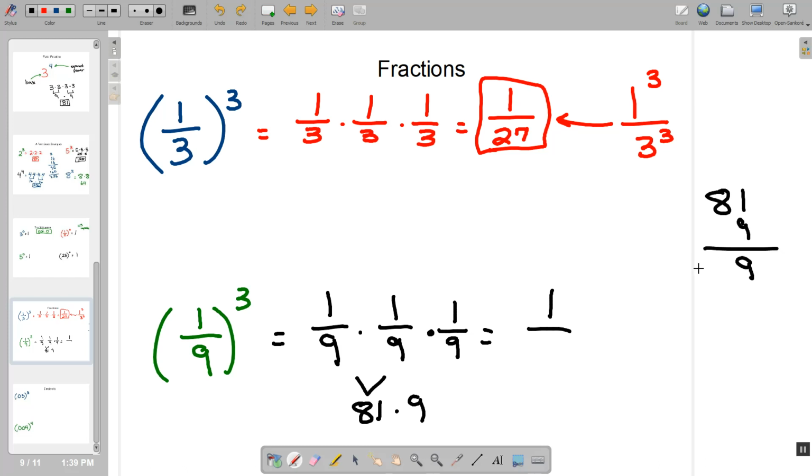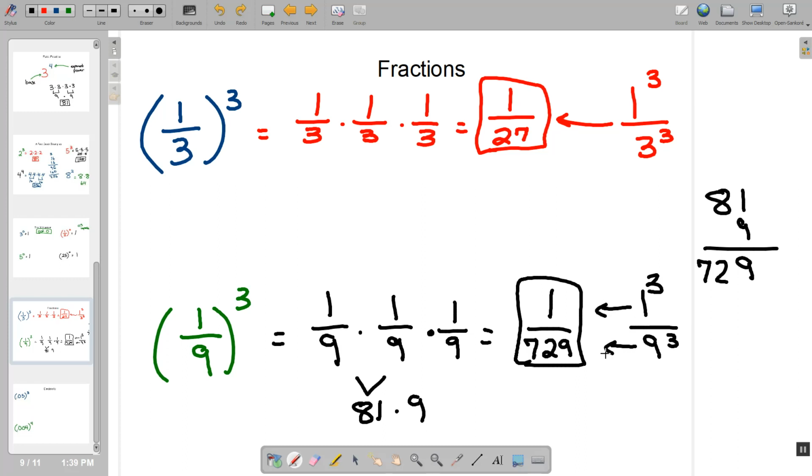Well, 9 times 8 is 72, so it makes this 729 for the bottom. Just like we did above, you could do 1 cubed and 9 cubed as your fractions, and then multiply each of them out, and you end up getting the exact same thing we got before.